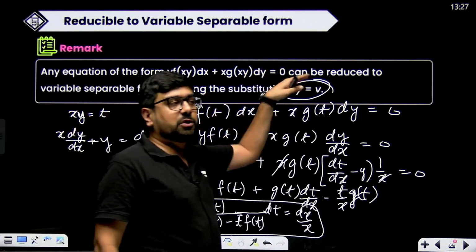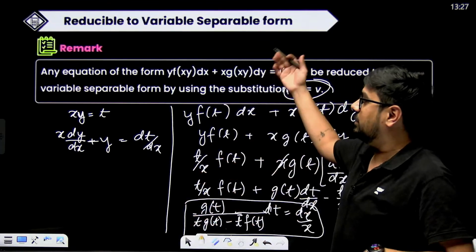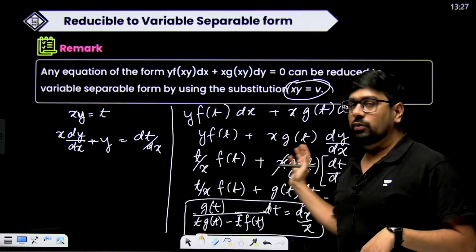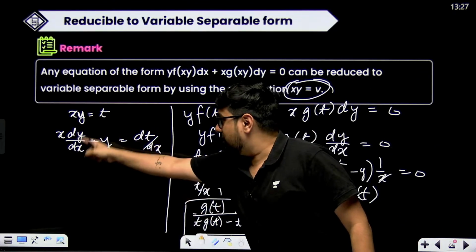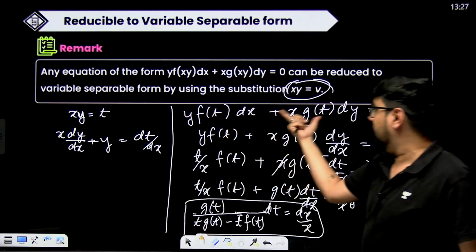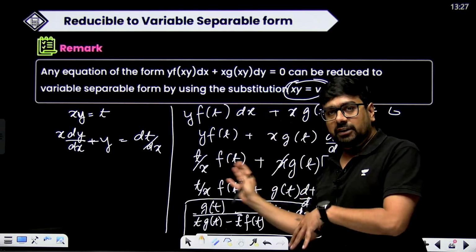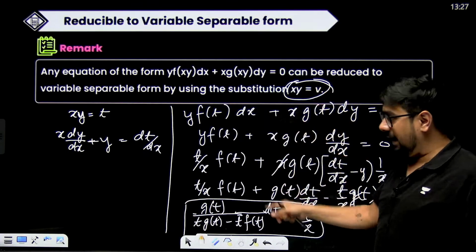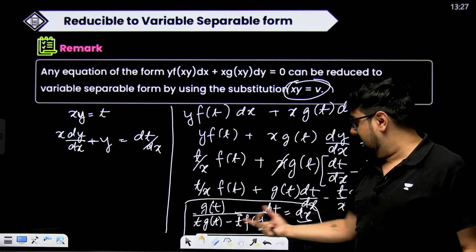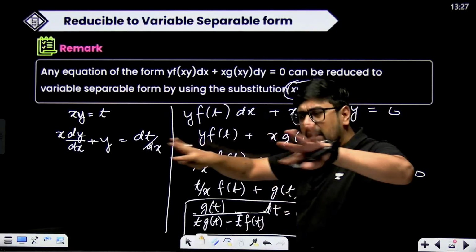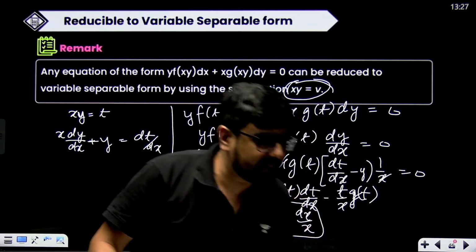Substituting xy as t or v, you'll separate all the v functions with dv and x functions with dx.